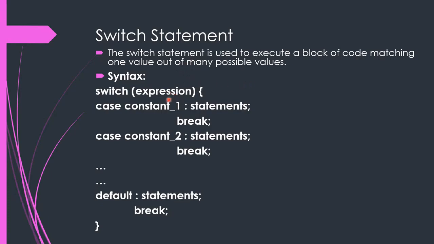It has many possible values, and we have to select any one of these given values. Out of constant 1, constant 2, and so on, we select the one matching this expression. And these are the statements that are going to be executed for whichever case is matched.